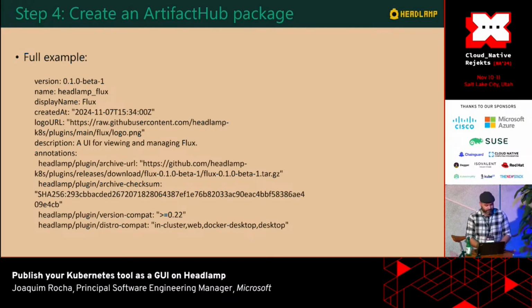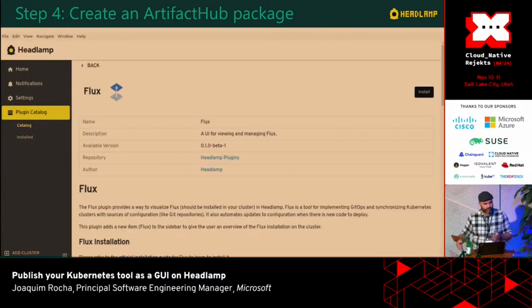As you see, it's got all that I mentioned, and it's very easy to understand. Even the logo is just a URL that we push to the main repo. And this is what you get afterwards. So the next time ArtifactHub scans your repo for packages, it finds it.